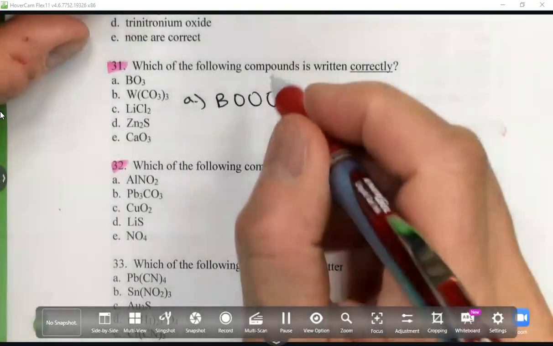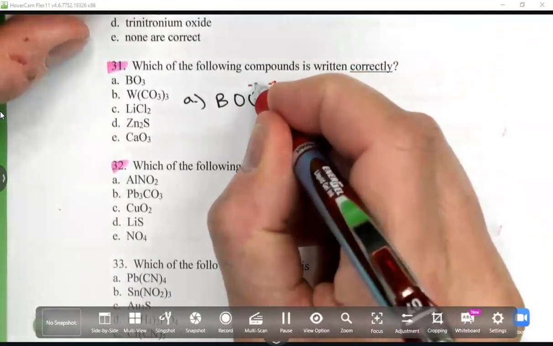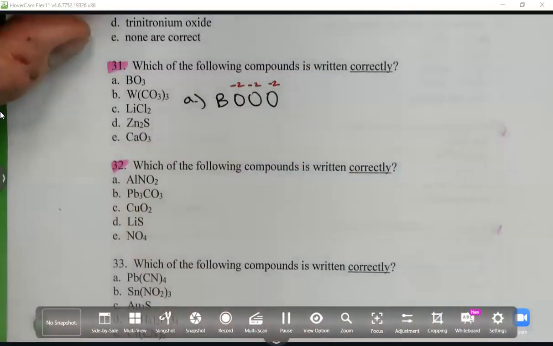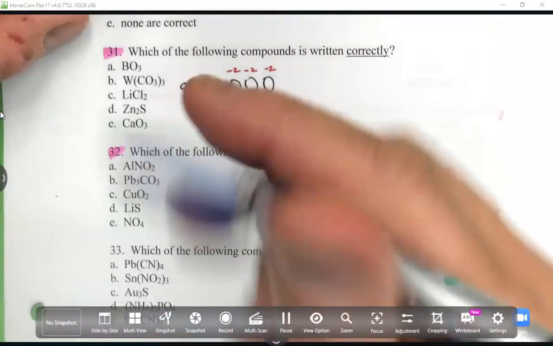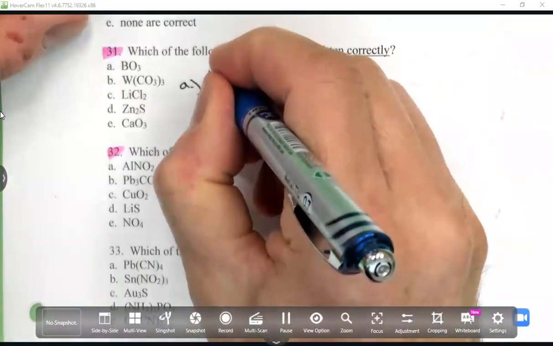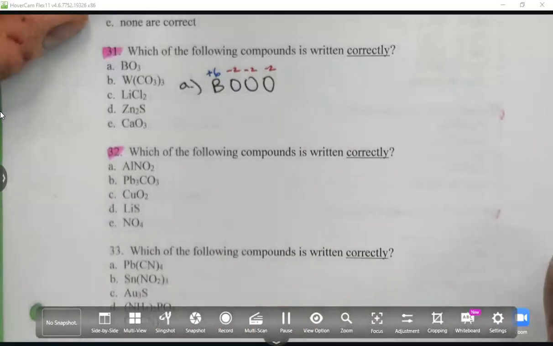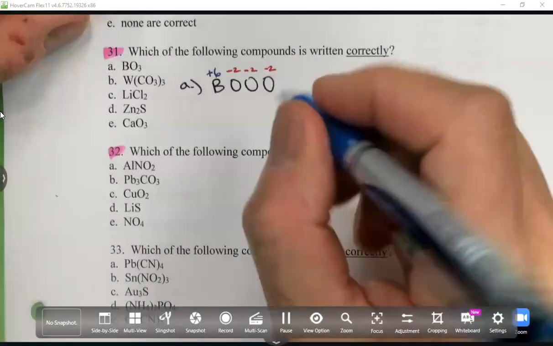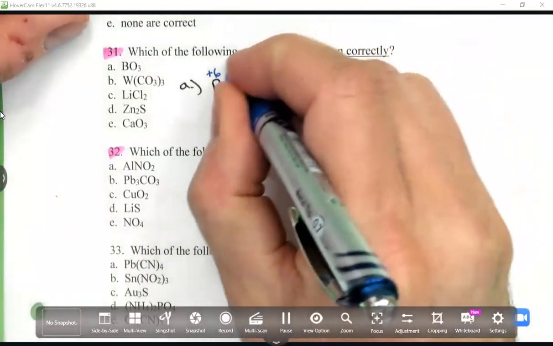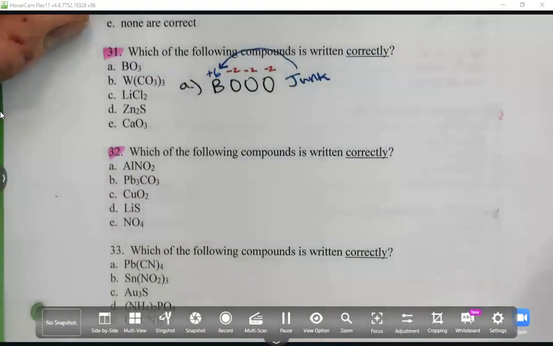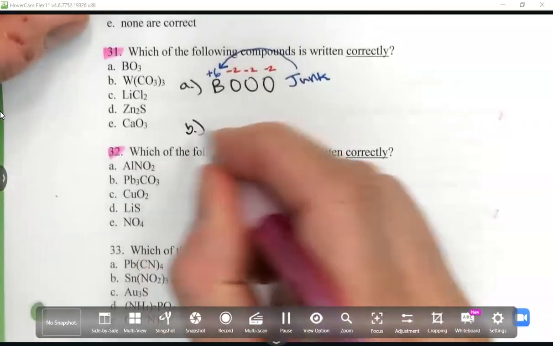And this is oxide, -2, -2, -2. That means that boron would have to be a +6, right? Is there a +6 boron? No, no, no, no, no. That's junk. There is no such thing as a boron 6. So we go to the next one.